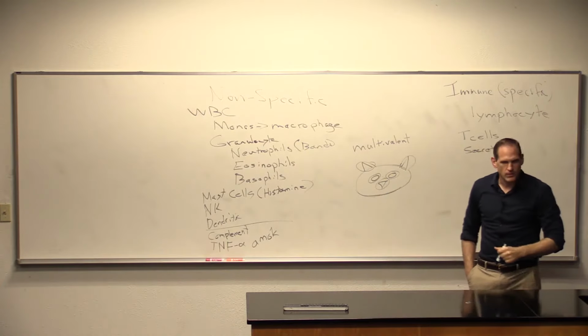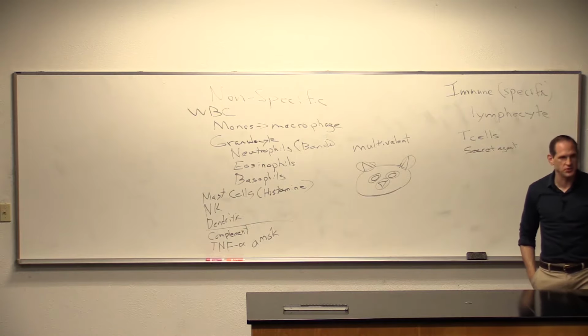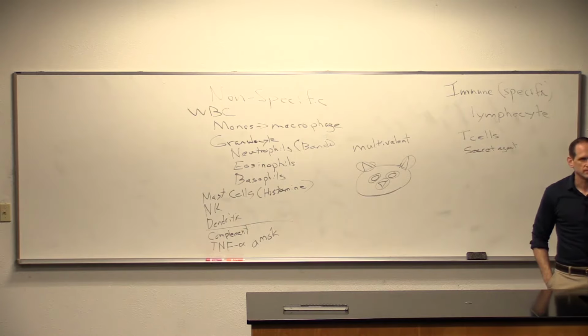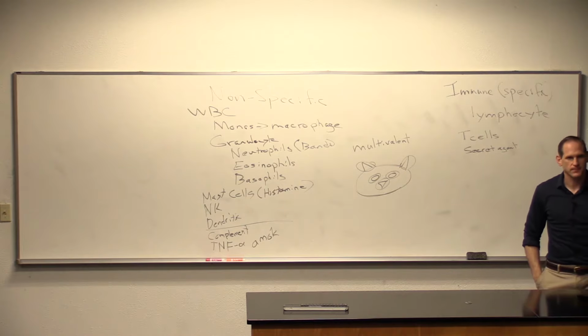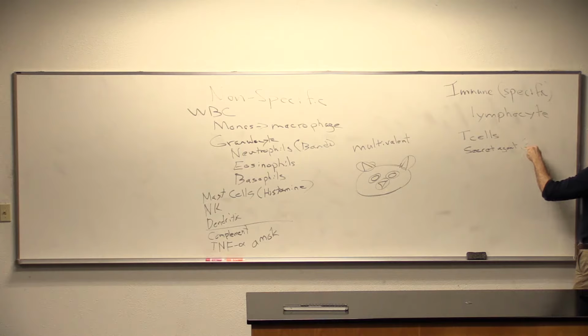So, what's the fancy word for cell? Cyto. What's the fancy word for kills or dangerous to? Toxic. Put those together, what do you get? Cytotoxic. How many have ever heard that before? Cytotoxic.